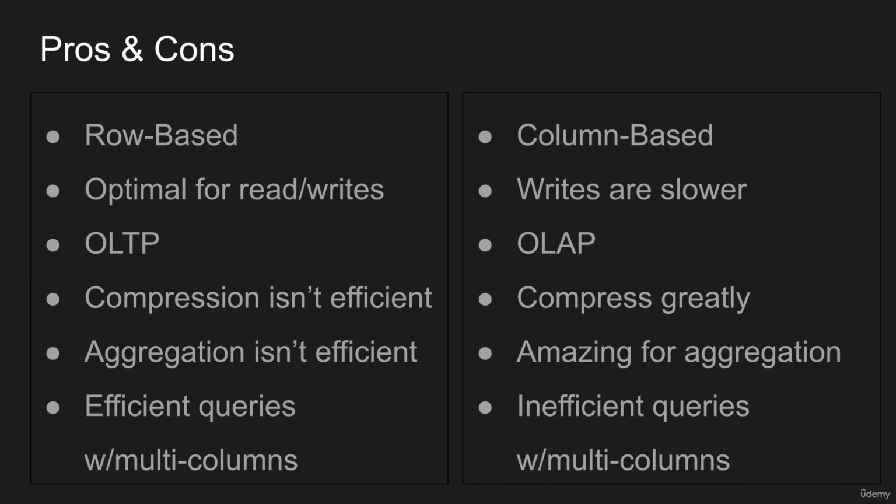So that's powerful stuff. Let's go through these pros and cons in general. Row-based is very optimal for reads and writes, I'm going to say transactions in general, online transaction processing. They are great for this because they are very simple in their implementation, and if something is simple, we can enhance it and make it more and more efficient as we go.